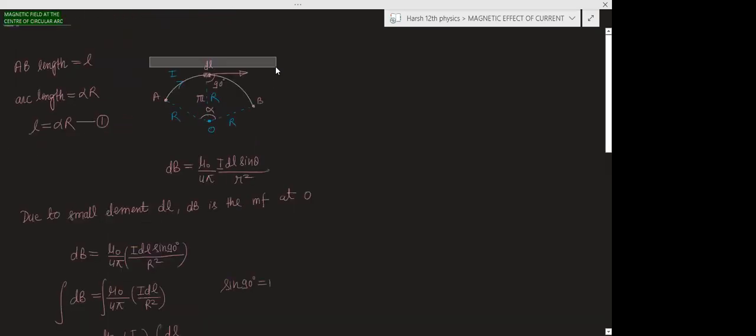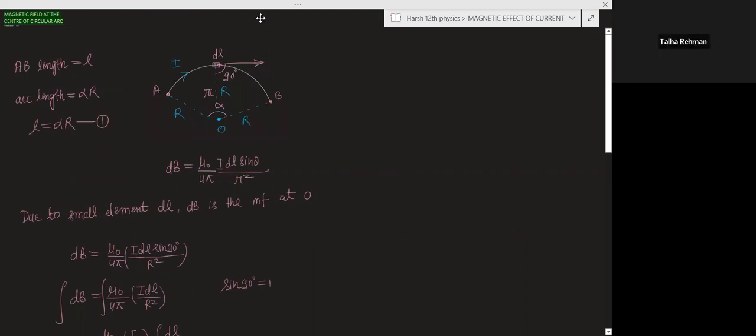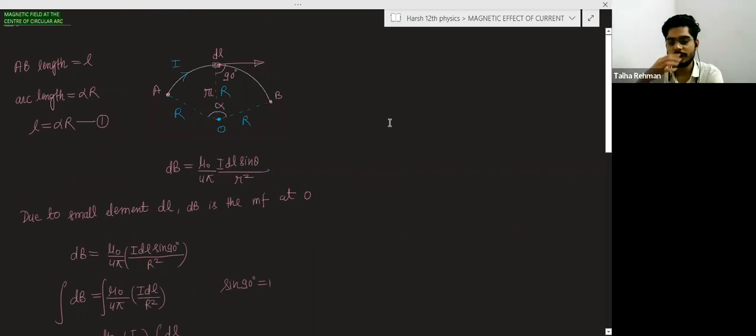Just see this circular arc. What do you have to do now? You take your right hand and curl it along the sense of current, and see where your thumb is pointing.